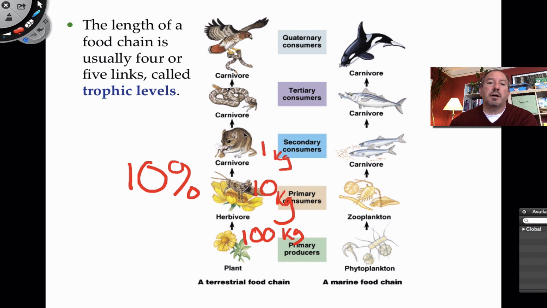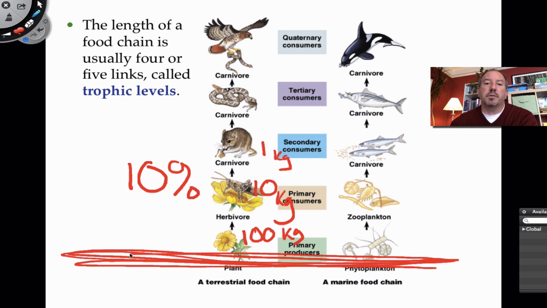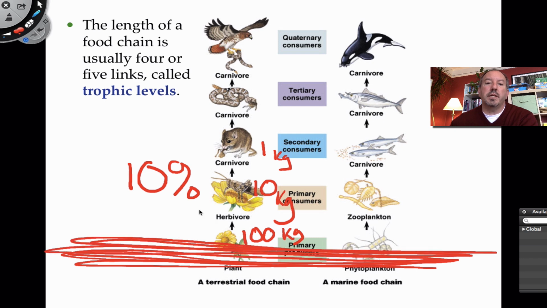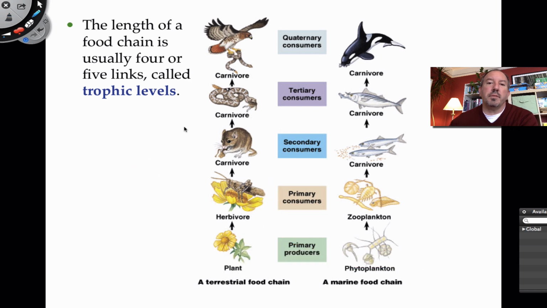And so do you see how there needs to be a lot more grasshoppers for these rodents to be able to survive? If you have lots of primary producers, a big base, then you can have more and more and more. Okay? I know it's kind of weird because you're like, oh, that's very obvious, but see the orca up here, the killer whale?